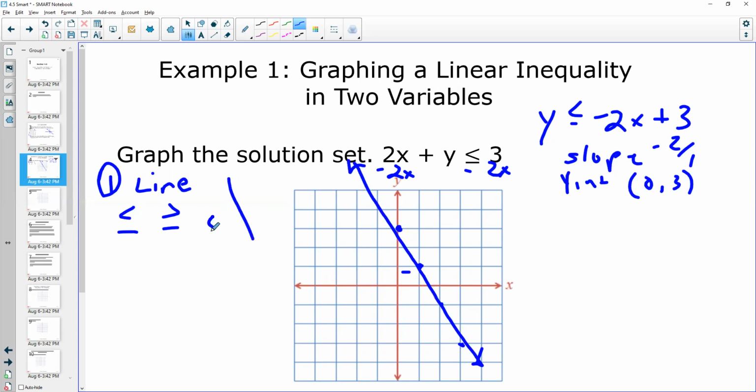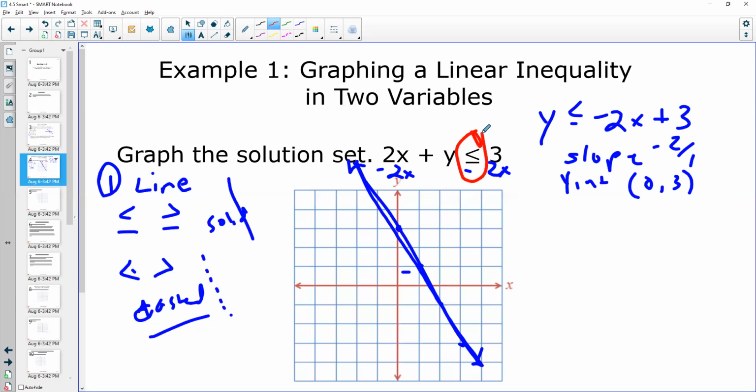So the line is going to be solid. When it's less than or greater than, they are not included. It's going to be dashed. That's one thing. I made this a solid line because of the equal sign here.